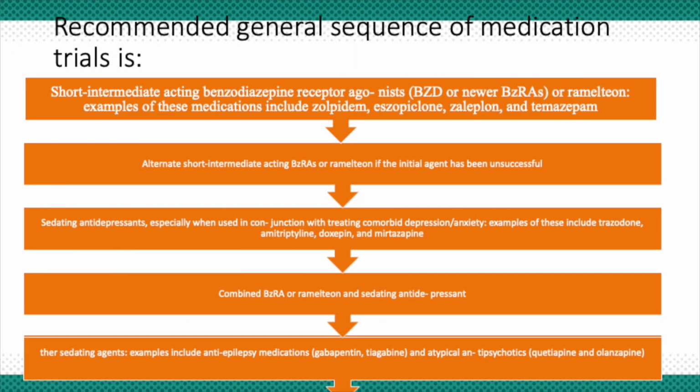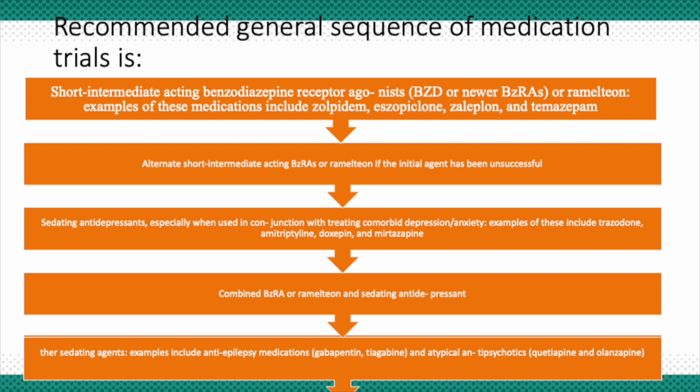The AASM guideline has clearly demarcated the stepwise application of pharmacological agents, and something that all of us are missing in our clinical practices. We would usually go by what we feel works best for the patient, and we would jump from one class to the other if the patient doesn't have relief. So this slide becomes very important, and according to this guideline, we must always start with a short or intermediate acting benzodiazepine receptor agonist.